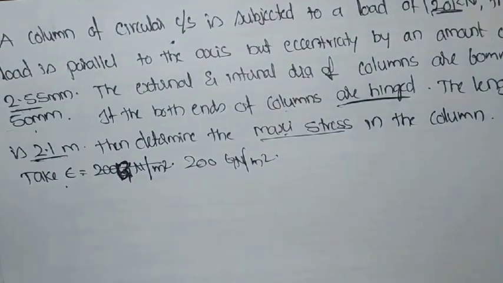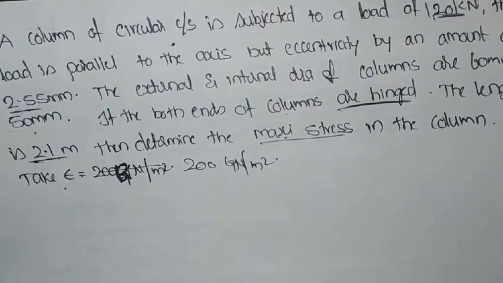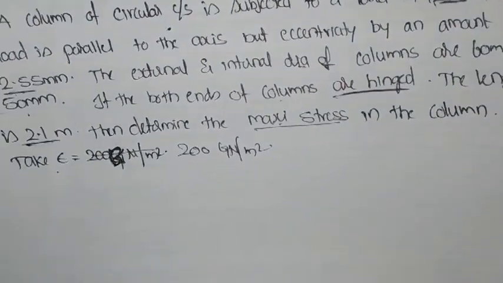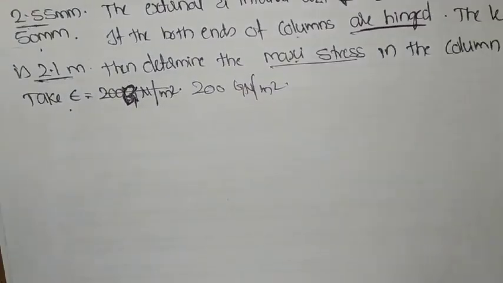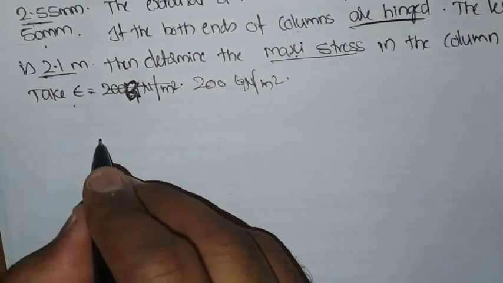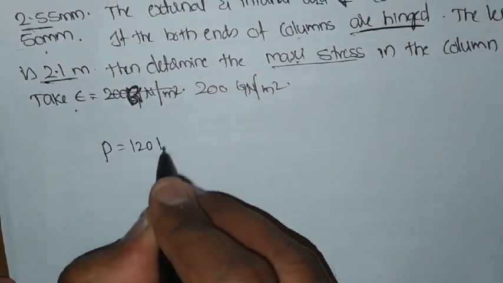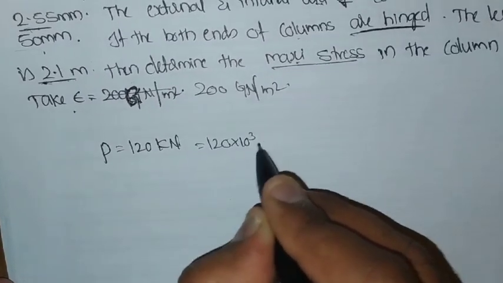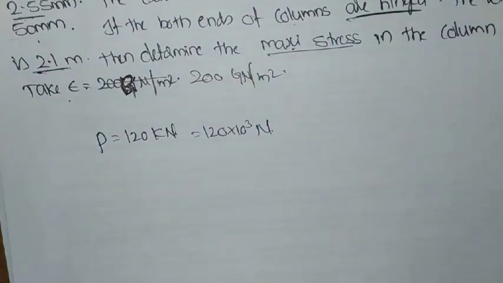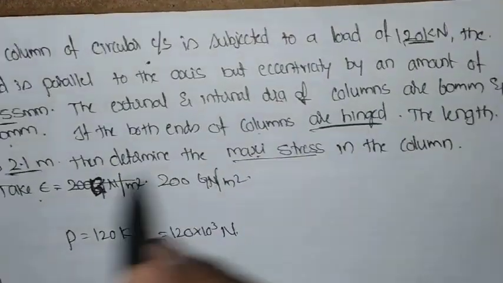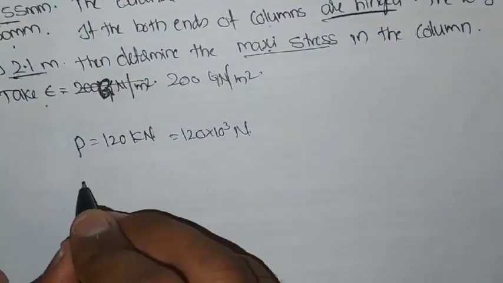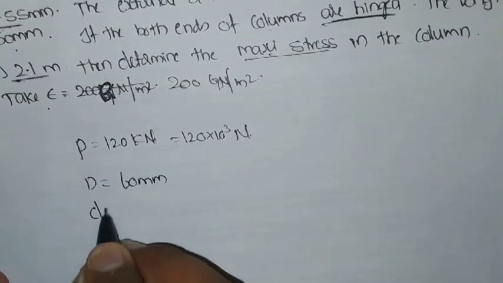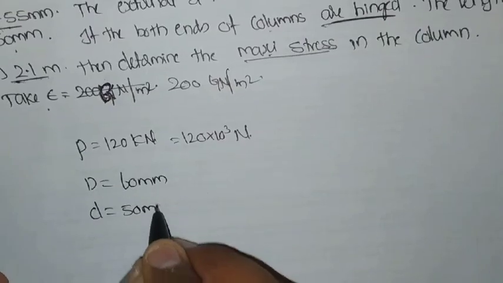Here we have to find out the maximum stress sigma max, which we have seen in the previous derivation. For that, first we will go with the given data. The load he has given is 120 kilonewton, which is equal to 120 into 10 to the power of 3 newtons. Similarly, the external diameter and internal diameter of the column: capital D is 60 mm and small d is 50 mm.